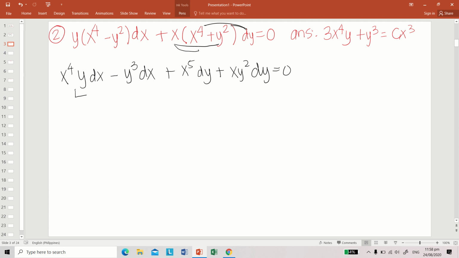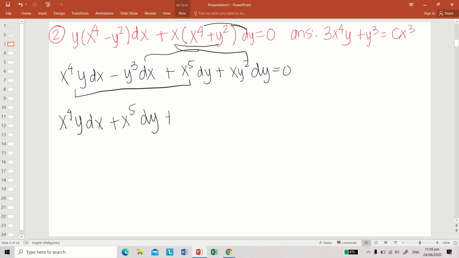So meaning, we will group these terms and also these terms. So by doing that, we're going to have x to the fourth y dx plus x to the fifth dy plus quantity xy squared dy minus y cubed dx is equal to 0.